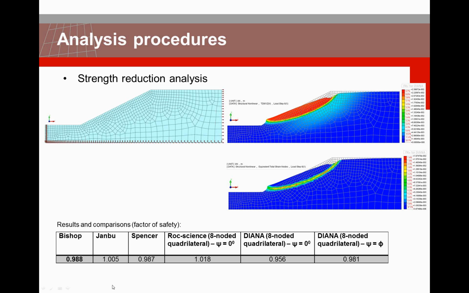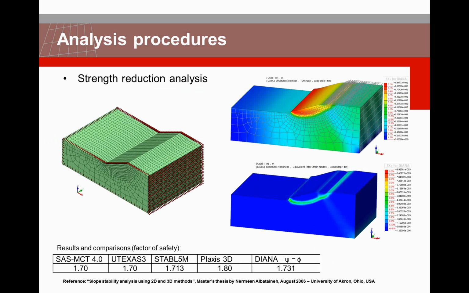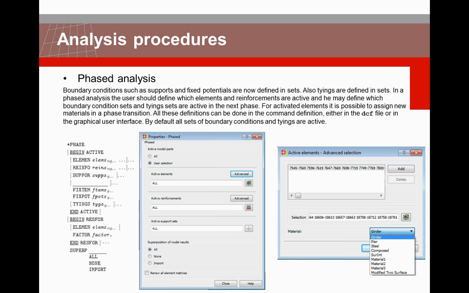And in this table you see some analytical results compared with Diana results and some other results, and that gives good agreement. This type of analysis can be applied both to two-dimensional problems as to three-dimensional models, as illustrated in this example.